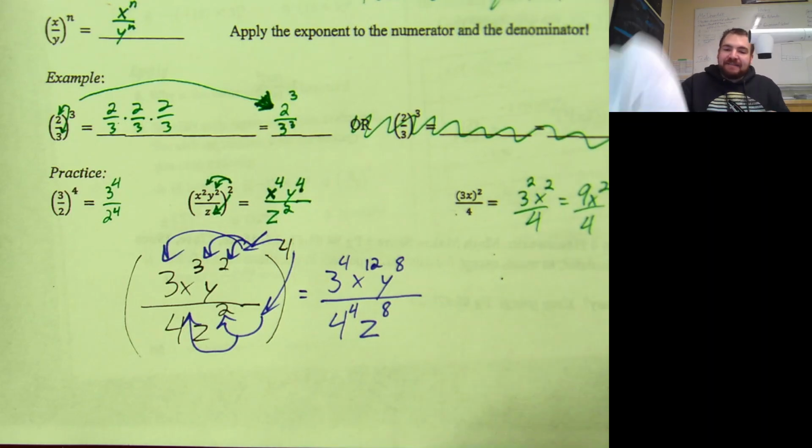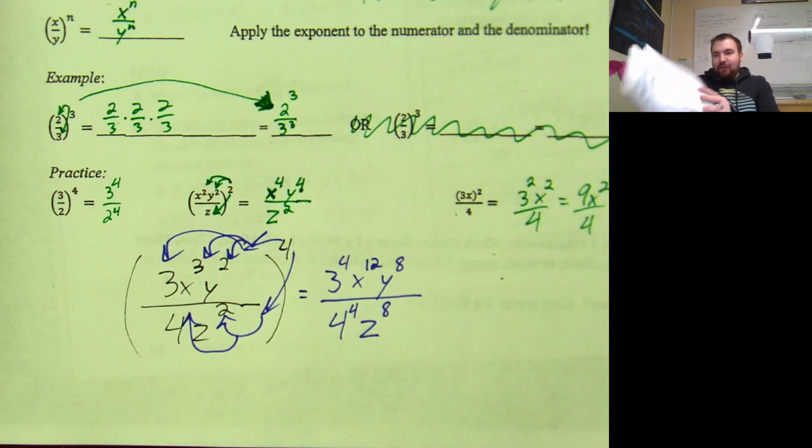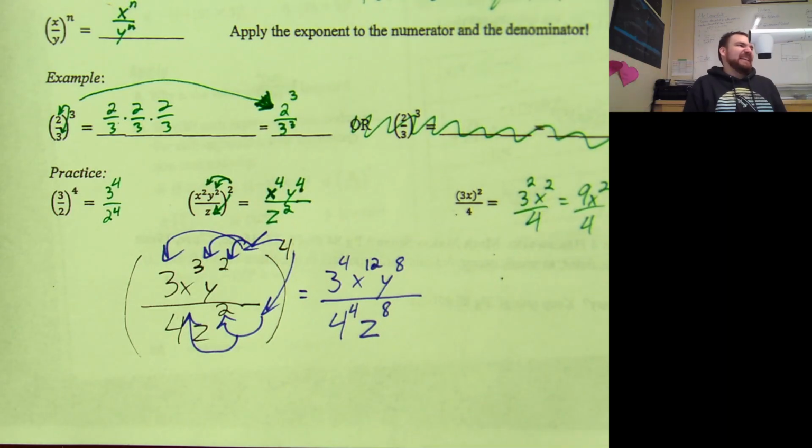Apply them as the winds of math blow you around, like leaves through the air. No, you can apply them in any order. As long as you apply them correctly, you can apply them in any order. Yeah. That's coming. That's yes.